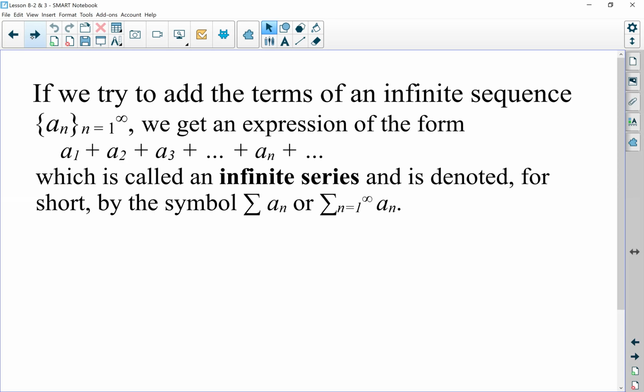Normally, we have values underneath and at the top of the sigma. That does say n equals 1, not n minus 1 here. You just can't see it because it didn't project very well. And normally a sub n is some sort of a formula. It might be n over n plus 1.